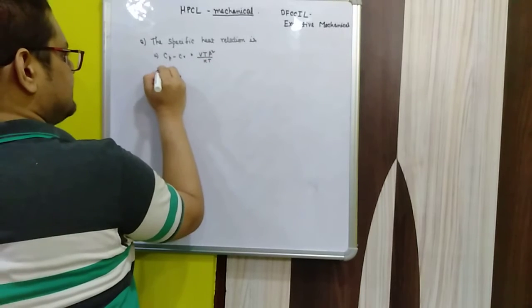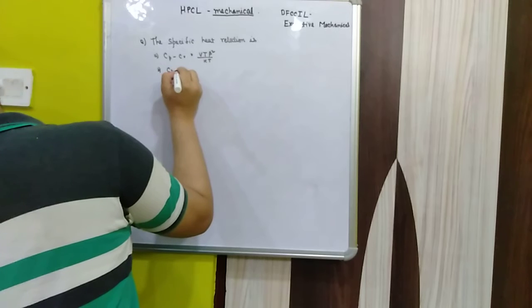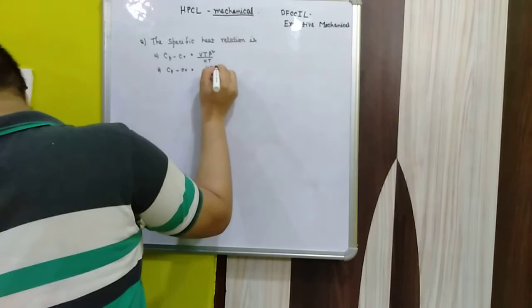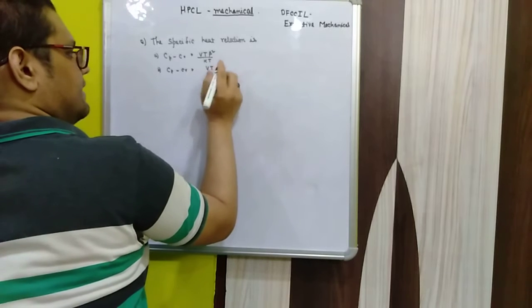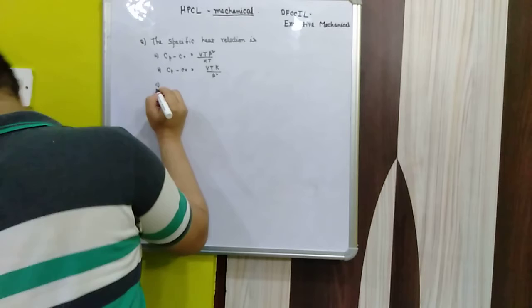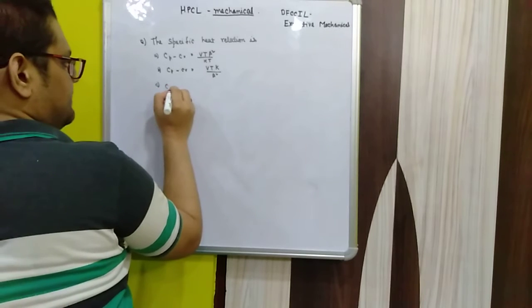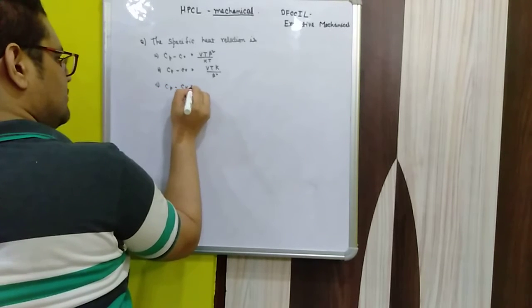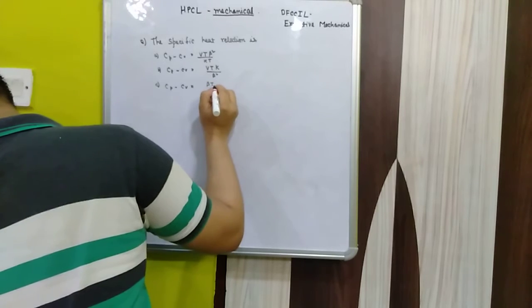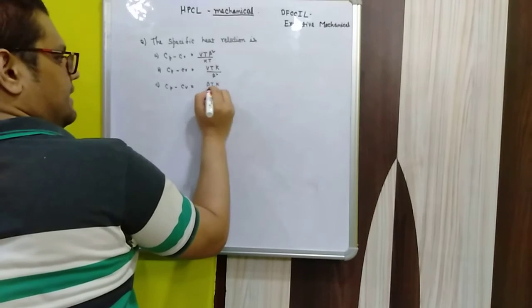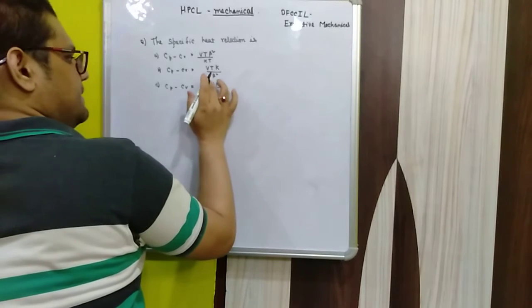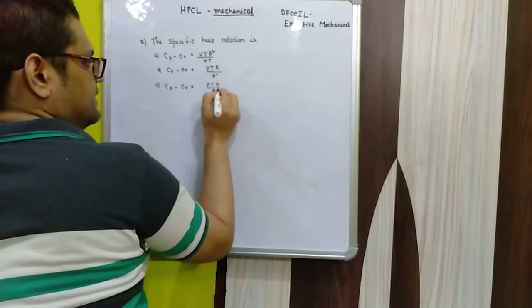Option B is Cp minus Cv is equal to Vtk by beta square. Option C is Cp minus Cv is equal to beta k Tk by, that is P Tk by beta square.